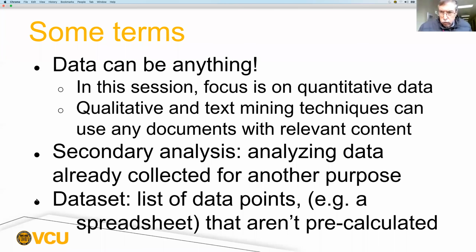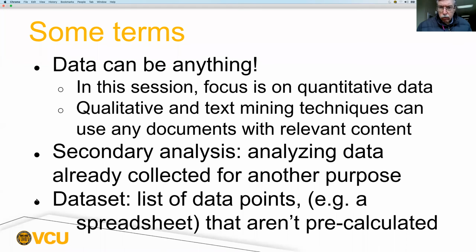Secondary analysis is when we analyze data that someone else has already collected for some different purpose. Not everyone calls that secondary analysis, so if you just came to find out what secondary analysis was, now you know. So for example, the census has a data set called PUMS, or the Public Use Microdata Sample. That PUMS data wasn't collected for you to analyze.